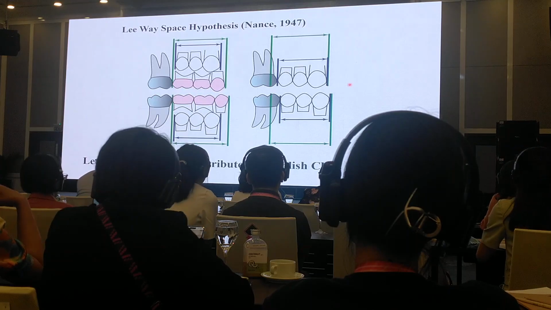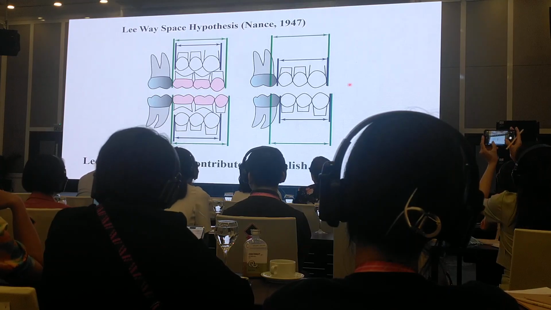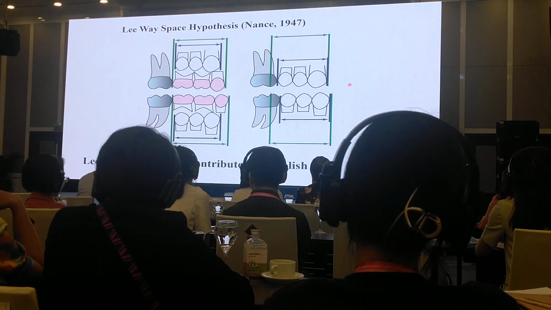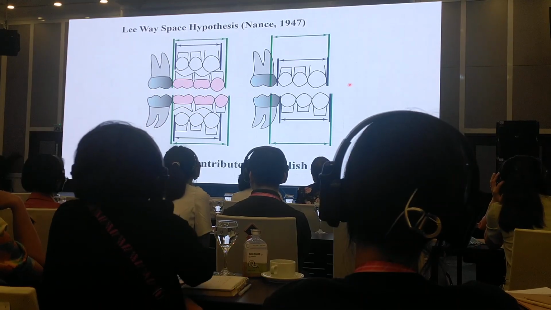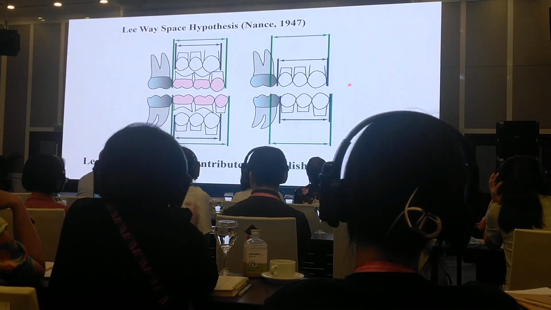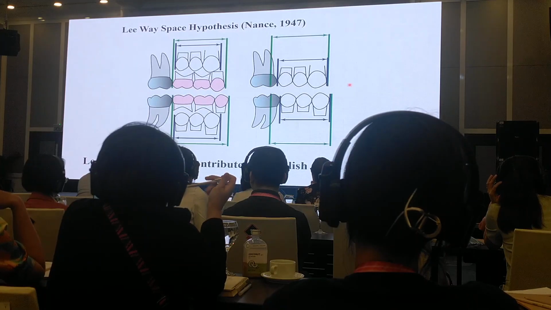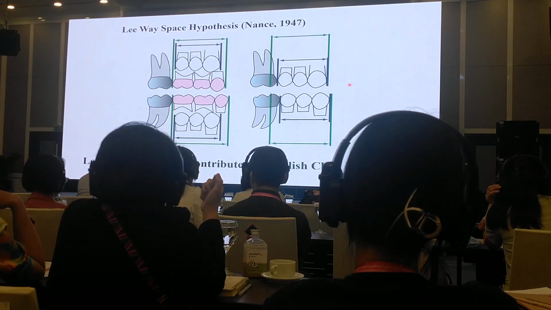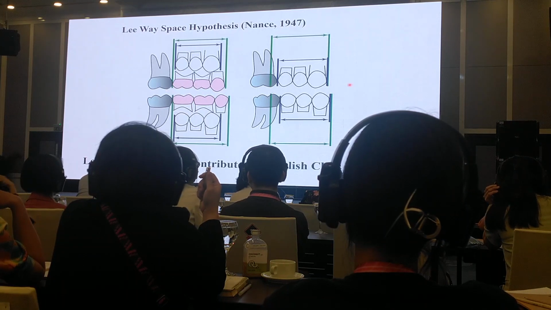Therefore, many pedodontists and orthodontists, if they see 7, 8 year olds with half plus 2, say wait, maybe it will grow naturally and finally establish plus 1 occlusion.